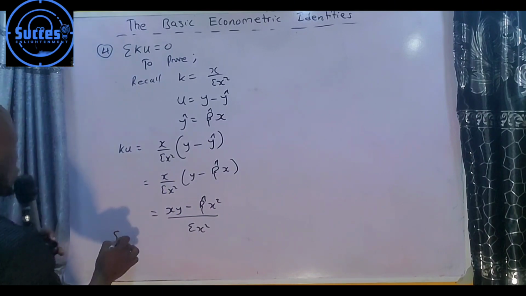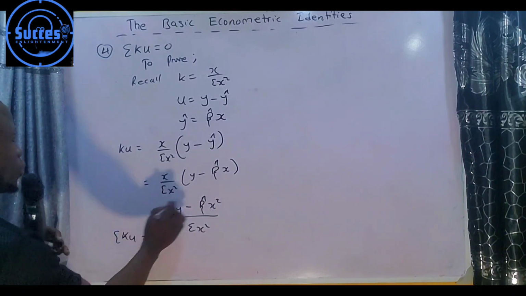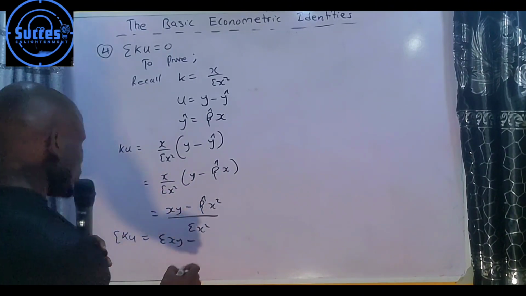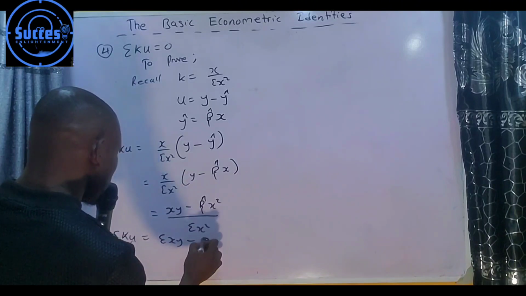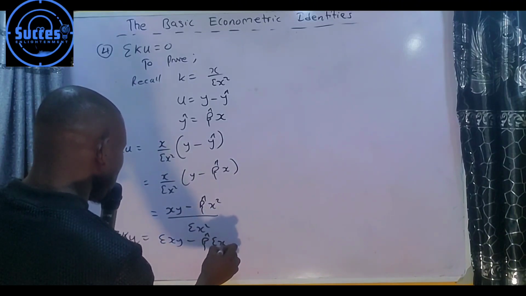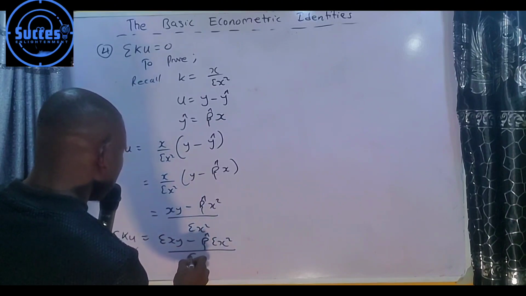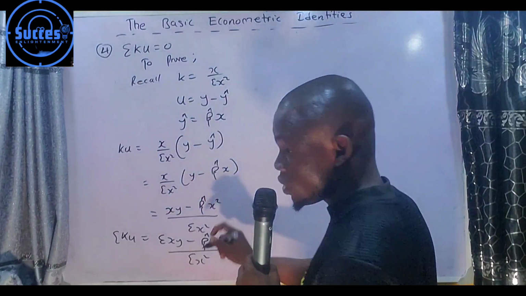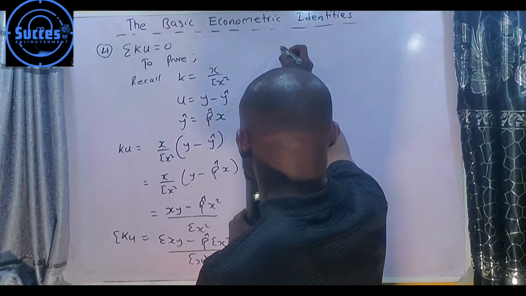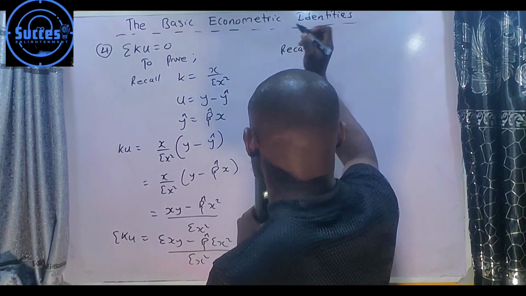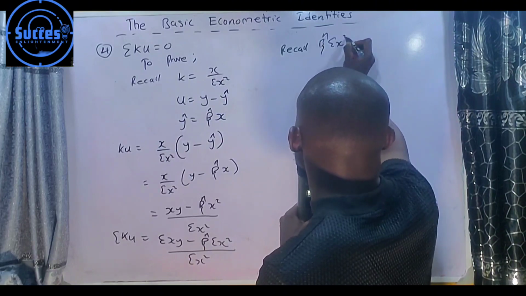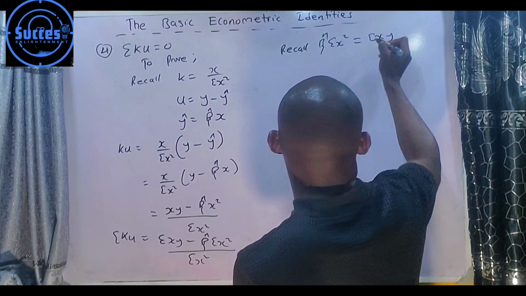So now our summation ku, we now have summation xy minus beta cap summation x squared all over summation x squared. From our previous proving, we already found that beta cap summation x squared equals summation xy.